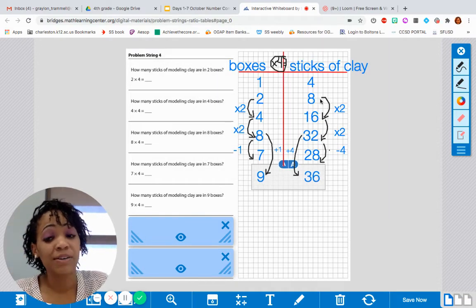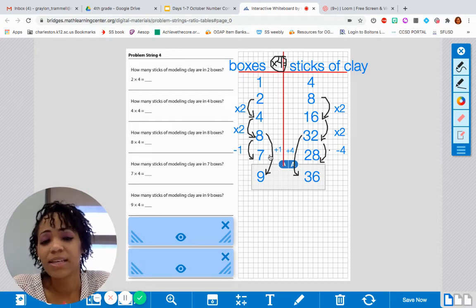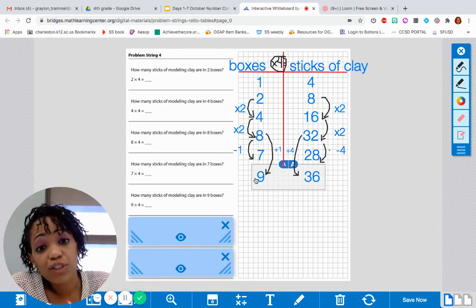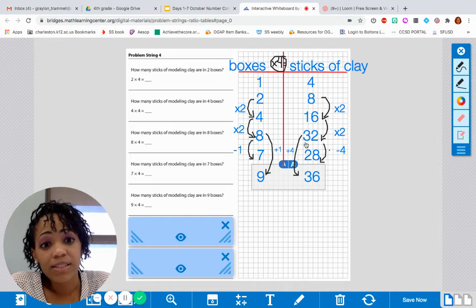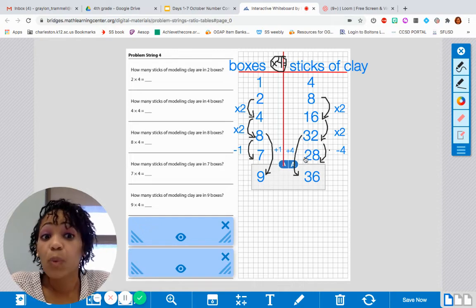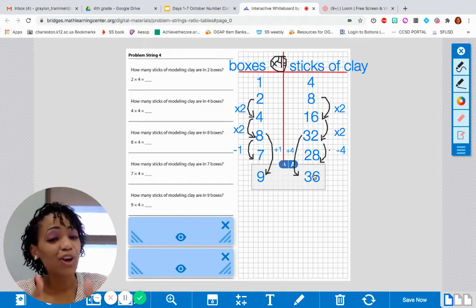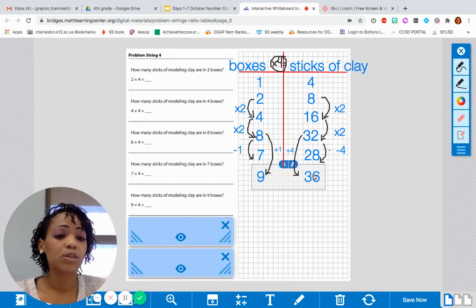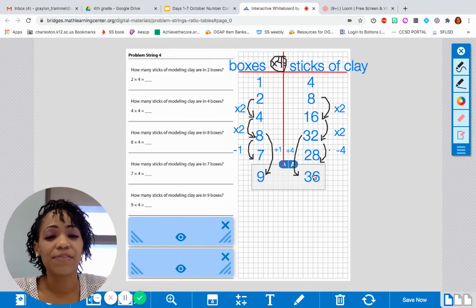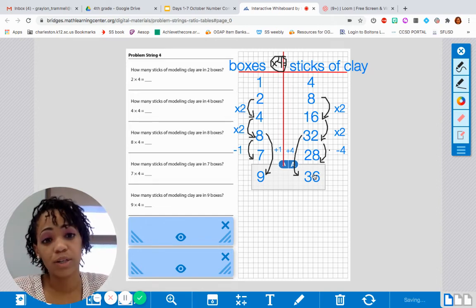So in 2 boxes, there are 8. So if we wanted to say 7 plus 2 is 9, then we could say 28 plus 8 would give us 36, which is also cool and would still be an efficient strategy to use. So that's fine. I chose 1 because it's really easy to add one group.